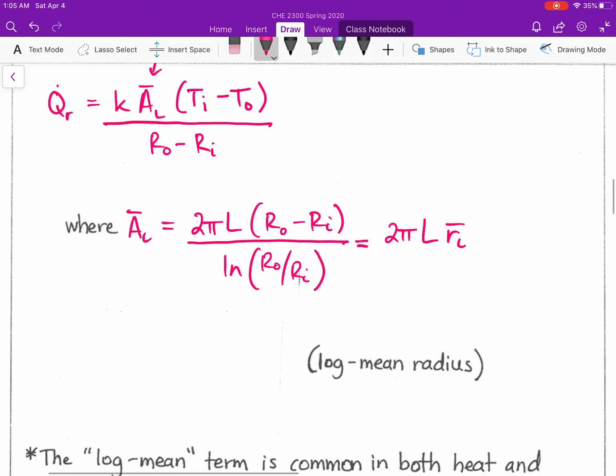So 2 pi L times the log mean radius, where our log mean radius is equal to the difference between the outer and inner radius divided by the natural log of the ratio of those two quantities.